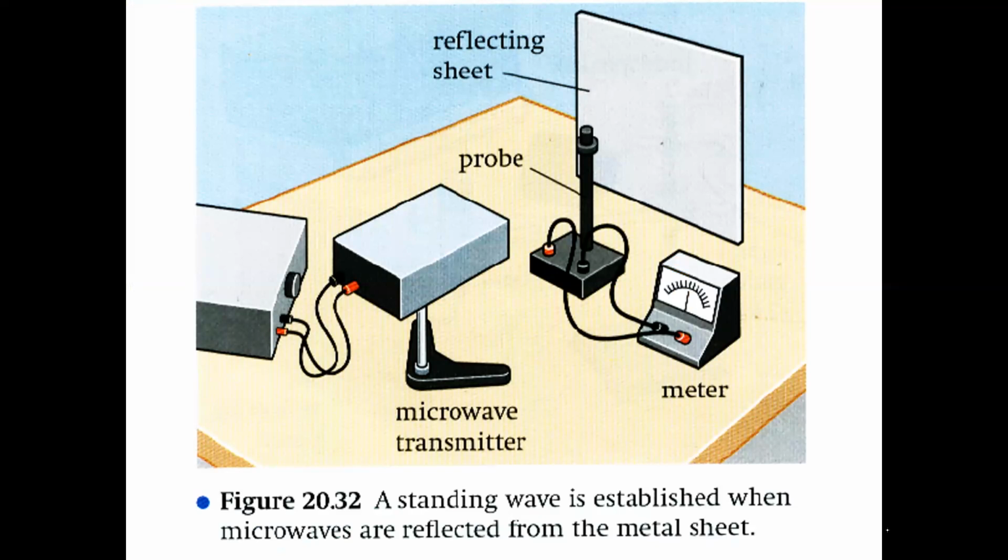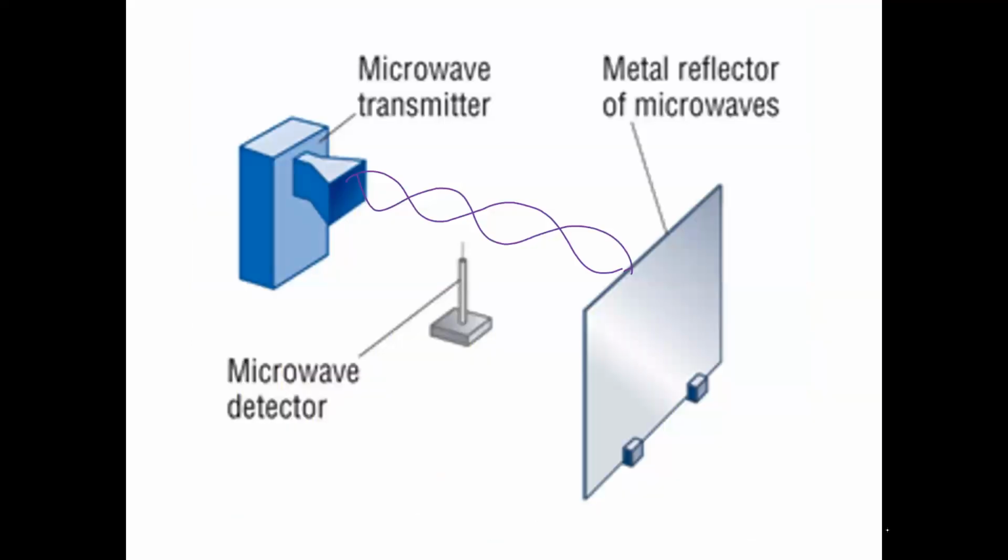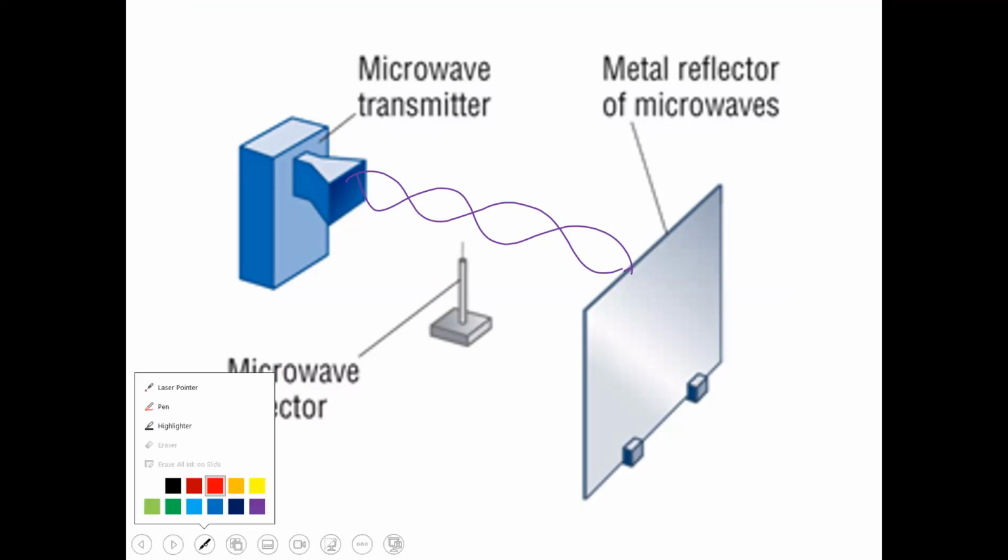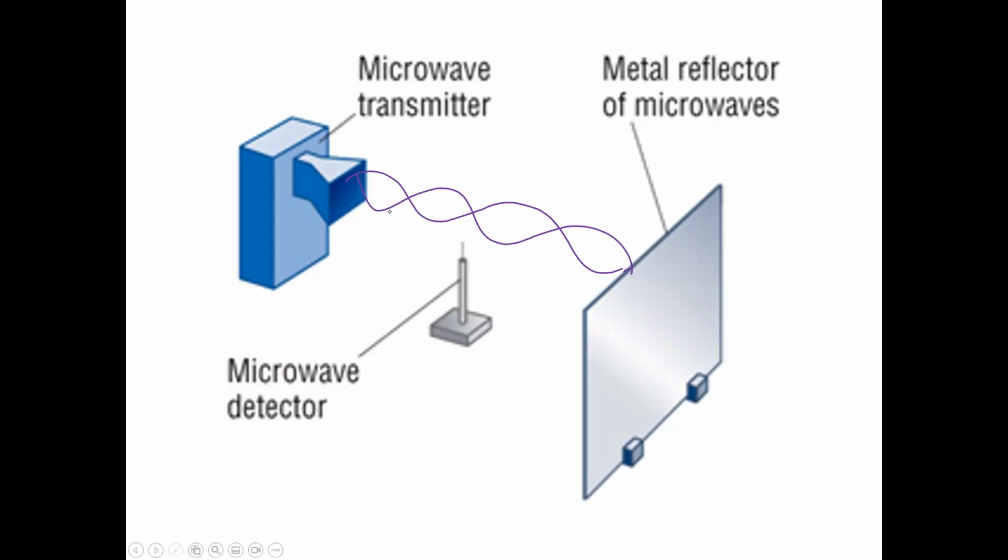Now I have a reflecting sheet. I have a probe and a meter, and I have a microwave transmitter. Every mobile is like a microwave transmitter. Now I generate the signal, and the signal goes forward and rebounds. Now this is called the formation of a stationary wave.